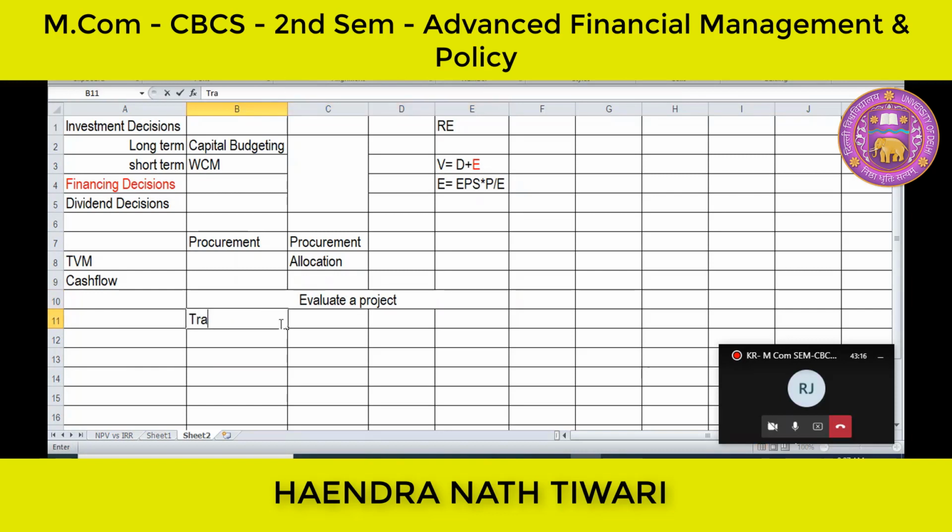In traditional techniques, as you must be remembering, we used to have ARR, accounting rate of return, and payback period, PBP.